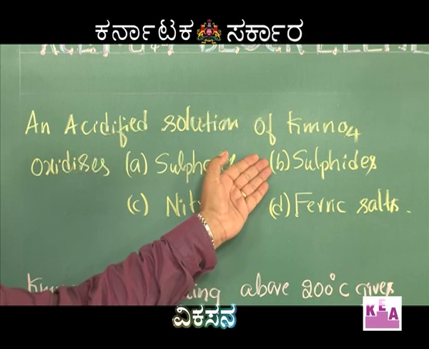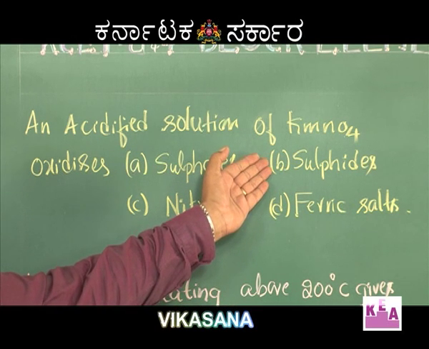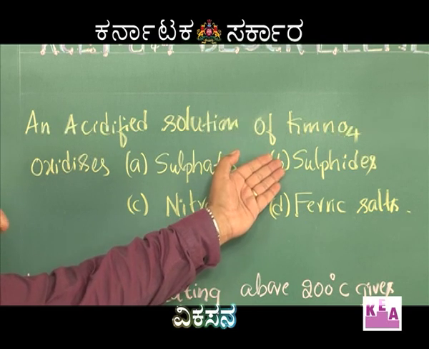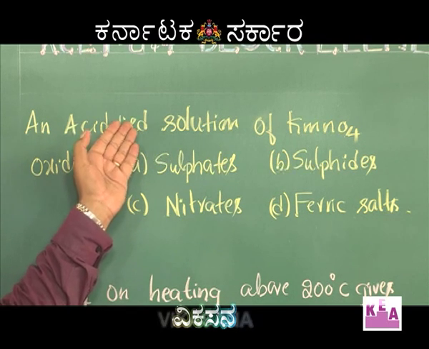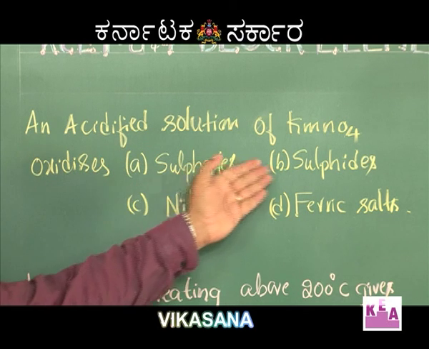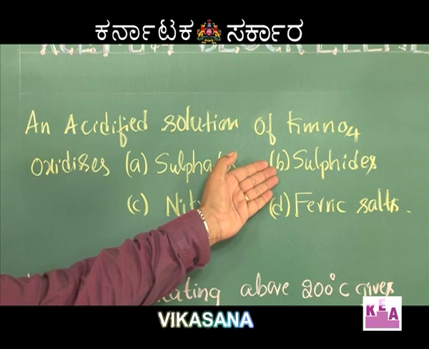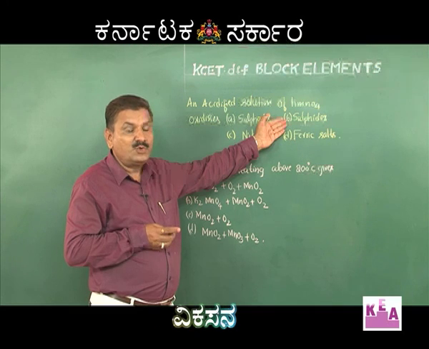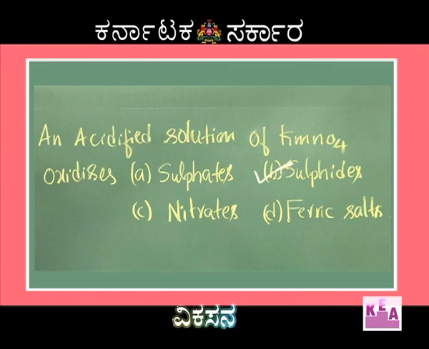It is only the sulfide which has sulfur in -2 oxidation state that can further undergo oxidation, and it can get oxidized to sulfur. So therefore, KMnO4 can oxidize sulfides to sulfur, where the oxidation number changes from -2 to 0. So therefore, correct option for this question is option B, sulfides.